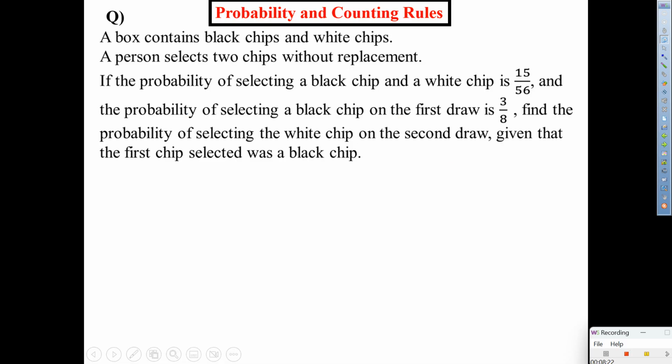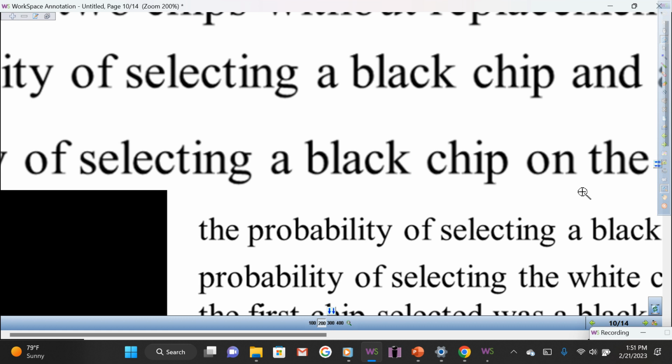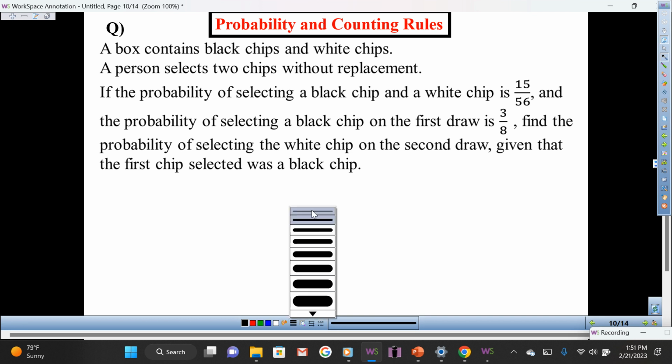Example Q, write example Q. Let me zoom out. You don't have to copy the problem. When you get to problem Q, I want you to write the formula really quick.